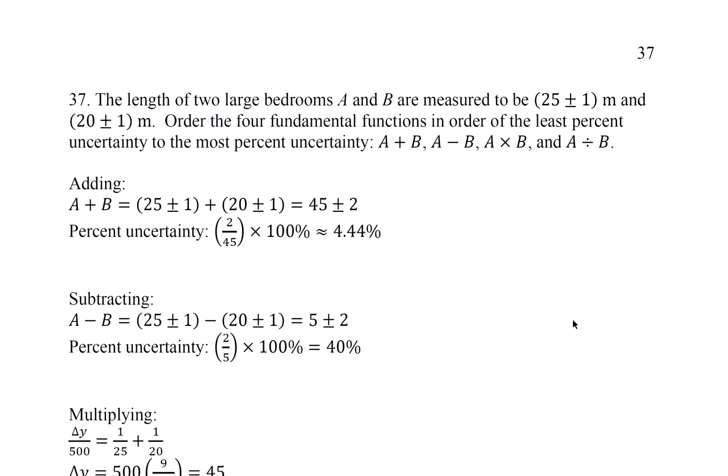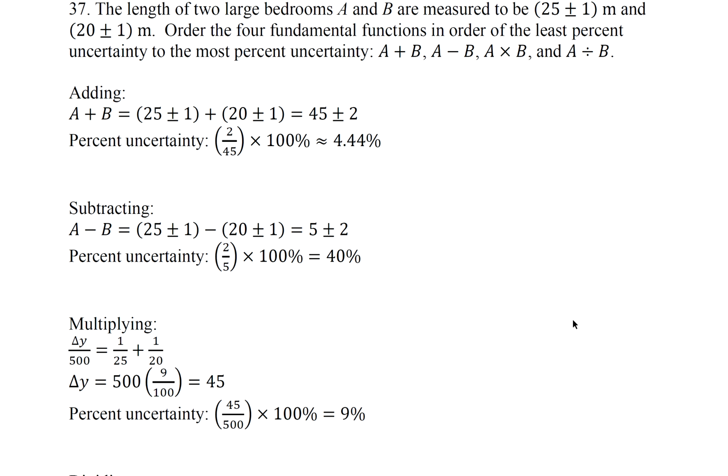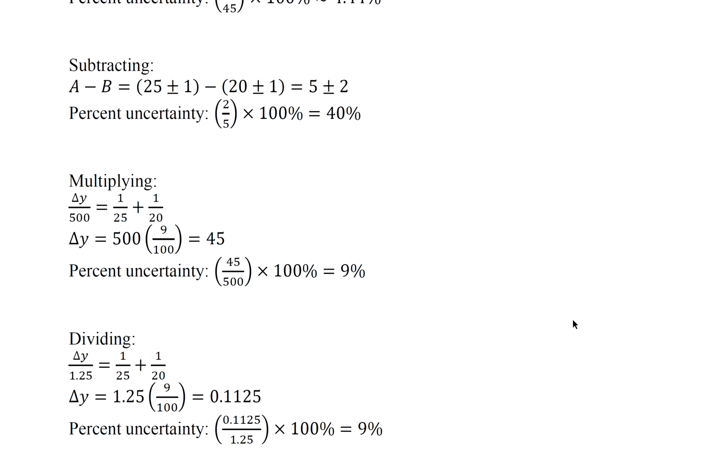Finally, 37. The lengths of two large bedrooms are measured to be 25 plus or minus 1 meter and 20 plus or minus 1 meter. Order the 4 fundamental functions in order of the least percent uncertainty to the most percent uncertainty. So we actually have to do a plus b, a minus b, a times b, a divided by b.